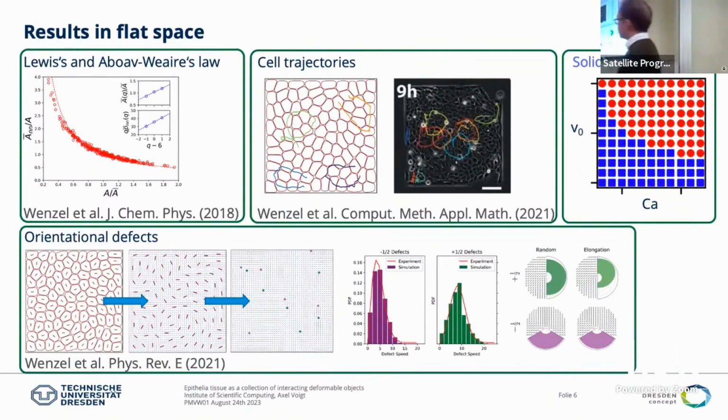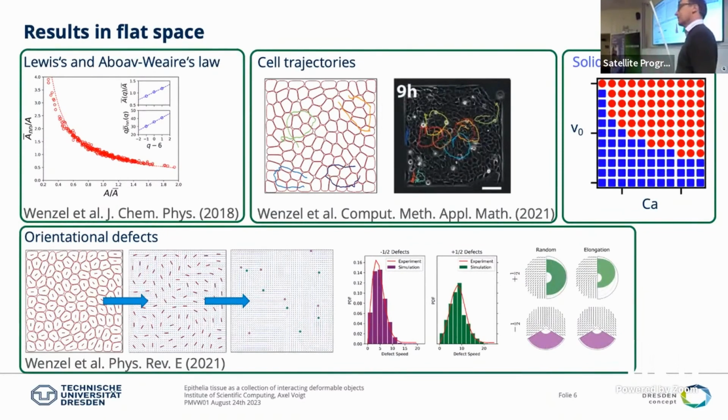Another thing we can do is, we already have this shape tensor, and what is shown here is the direction of the largest eigenvector. Out of this direction we can do some smoothing and define a nematic field overall. We get this and identify defects in this nematic field.